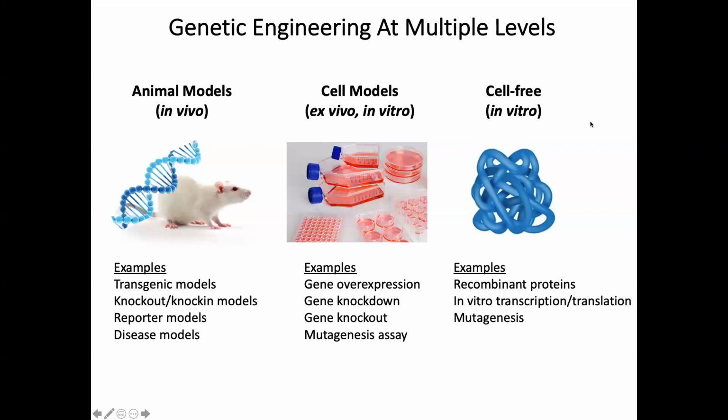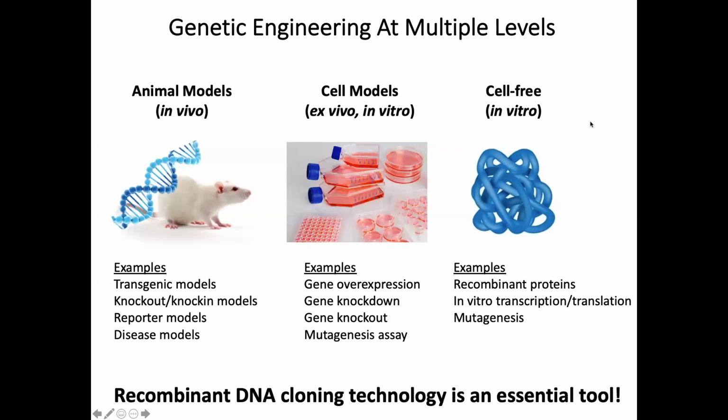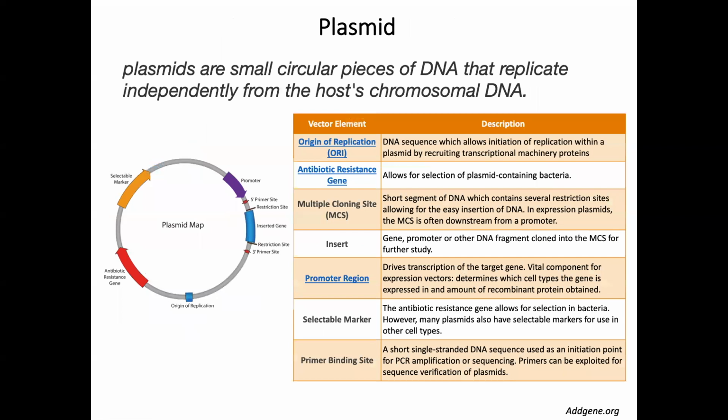Basically, in different model systems, we can overexpress, knock down, knock out, or make mutations and study the protein of interest. Therefore, the recombinant DNA cloning technology is an essential tool. One of the most commonly used tools in genetic modifications is the plasmid.